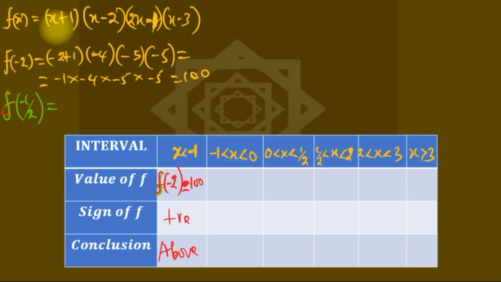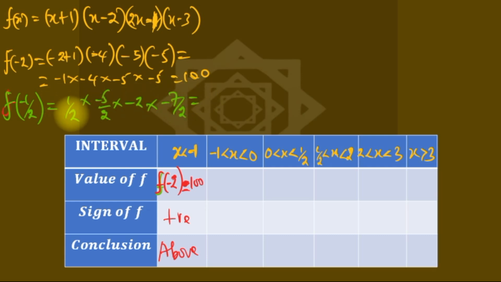So -half plus 1 is half, times -half minus 2, which is -5/2, times -half minus 1, which is -3/2, times -half minus 3, which is -7/2.